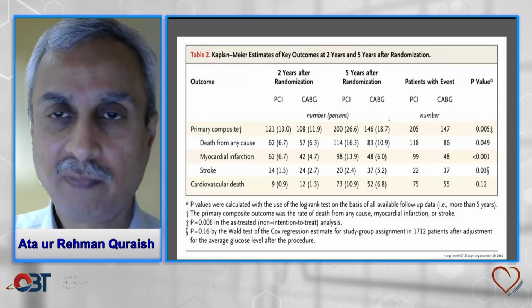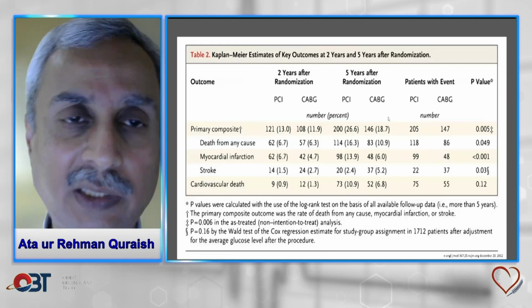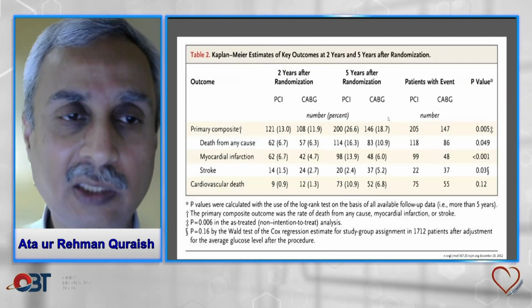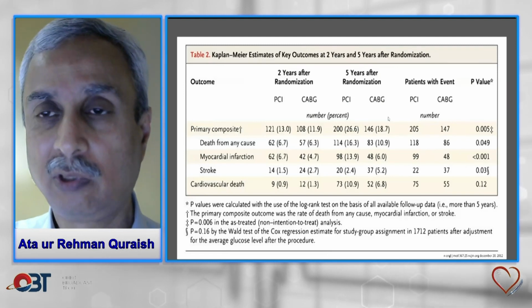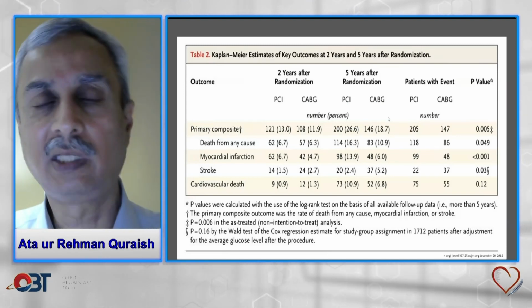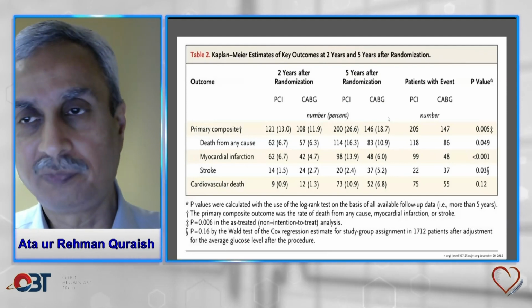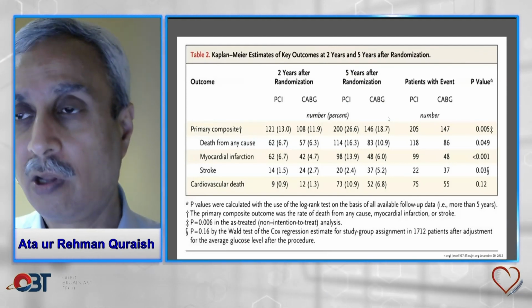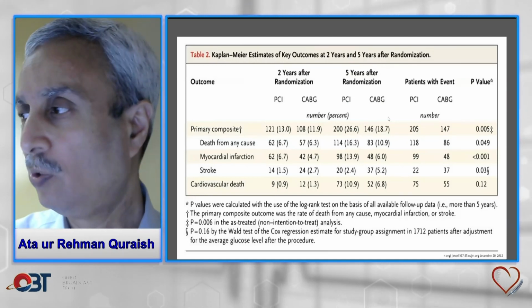So should all patients with diabetes undergo bypass surgery? Does this trial tell us? No. I think one has to look into the details of the trial. Mean stent length that was used in this study was close to 100 millimeters. Long stents, multiple stents were used.